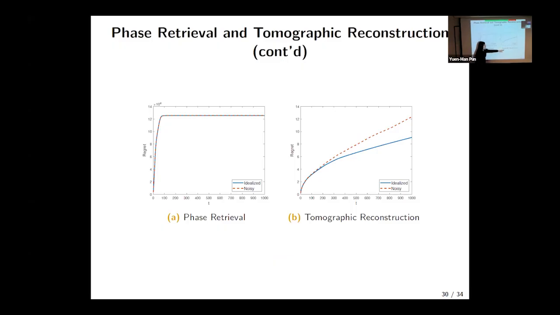And then for the tomographic reconstruction problem, we see the red one is the noisy one, and the blue one is the idealized one. The noisy one, we see there's some linear growth at the end because the noise variance is constant. And then the idealized one is still growing sublinearly.